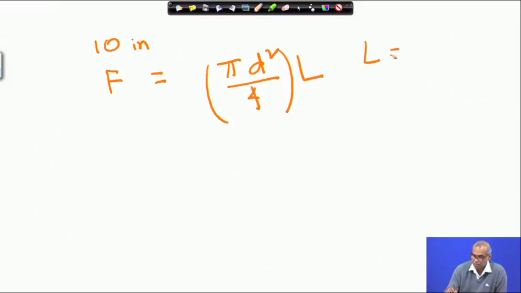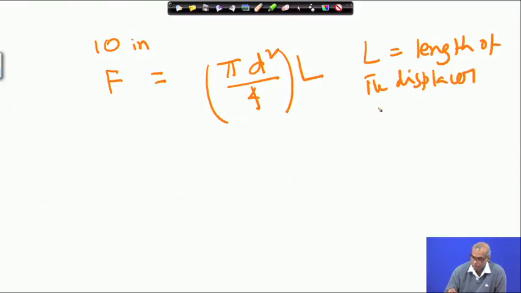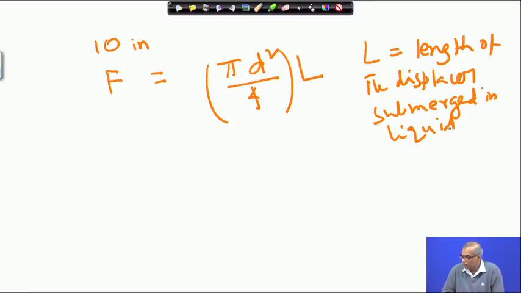So, L is length of the displacer submerged in liquid, and d is the diameter of the float, and this has to be multiplied with the specific weight gamma. So, this is specific weight. So, what is the weight on force sensor?